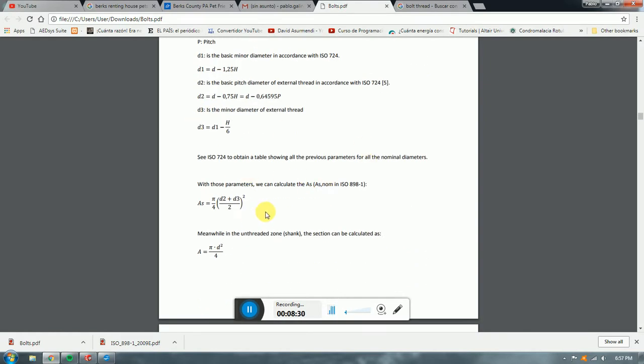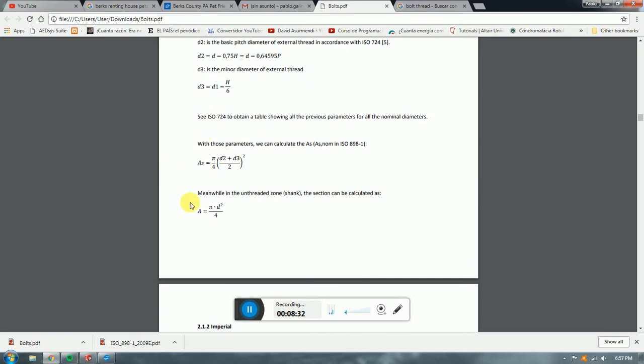So now we're going to come with the only two real equations that we want to see here, okay? In accordance with the ISO standard, we are going to have basically two formulas which calculate the section that we're going to have in the bolt. One is for the threaded zone, then the other is for the unthreaded zone.